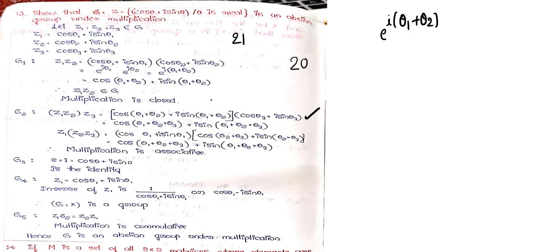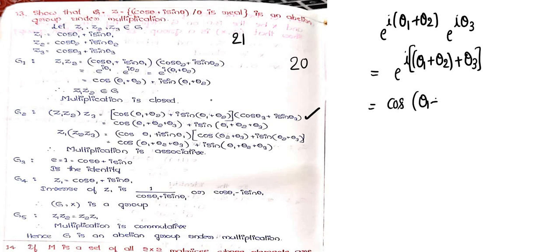This term can be written as e power I theta 3. Again bases equal, so I is common, theta 1 plus theta 2 plus theta 3. Bases equal, add powers. So expand this one, then we are going to get cos of theta 1 plus theta 2 plus theta 3 plus I sin theta 1 plus theta 2 plus theta 3.